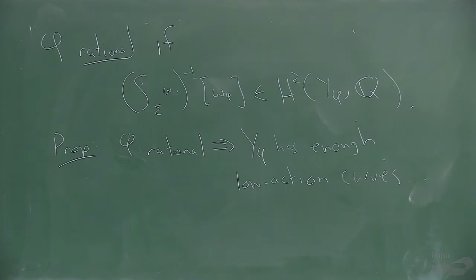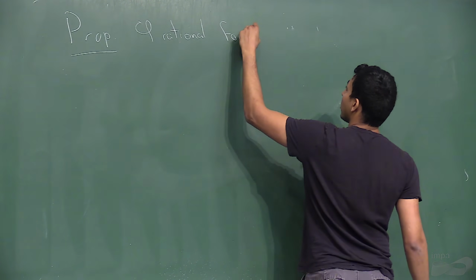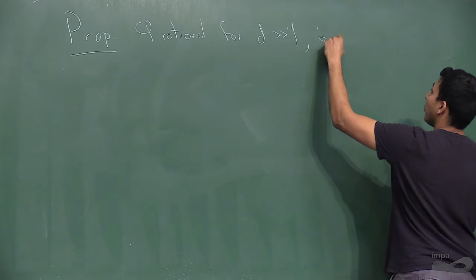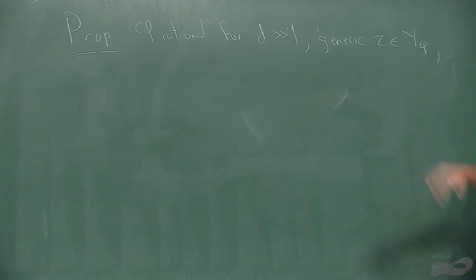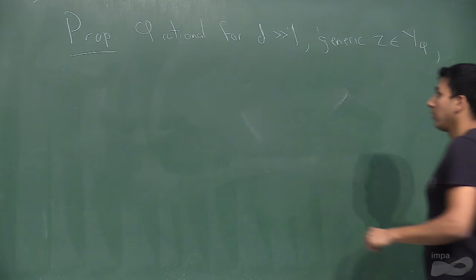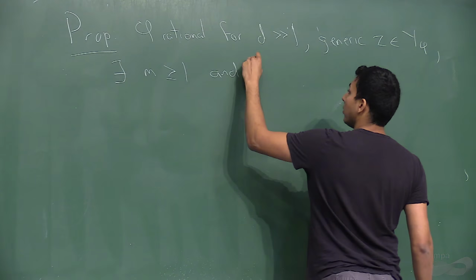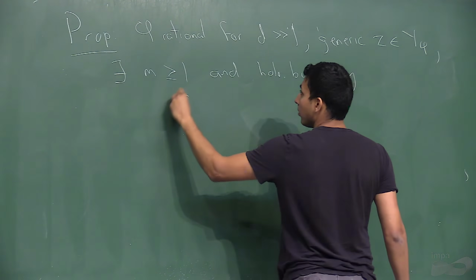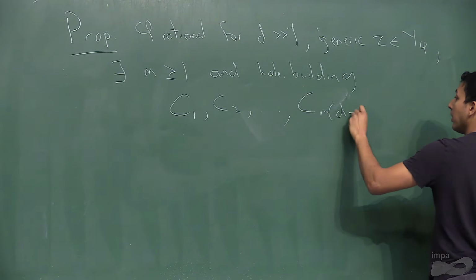So let's fix phi rational. Then for every sufficiently large integer d bigger than 1, and any generic point z in the mapping torus, and I'm also going to take J to be sufficiently generic, but I'm just not going to write that down, there exists an integer m greater than or equal to 1 and a holomorphic building C1, C2, all the way through C_{md-g+1}.